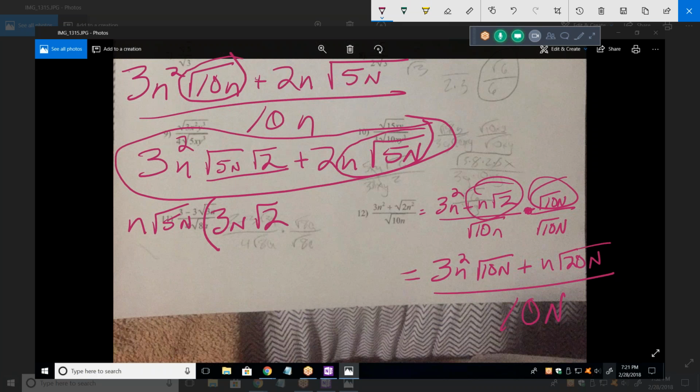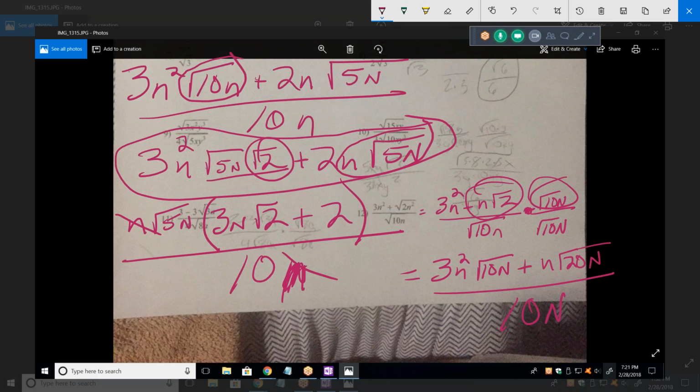There's still that root 2. Nothing happened to that. 3n root 2 plus 2. Perfect. Now, we still have in the denominator 10n. And that's why you factor these things, because sometimes you discover very nice things, like those n's now cancel. And that's an acceptable answer, assuming that I haven't made a mistake.